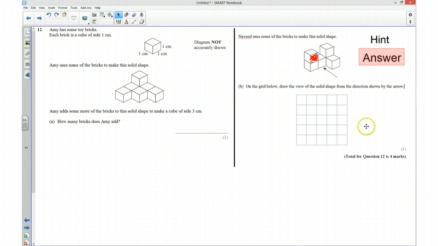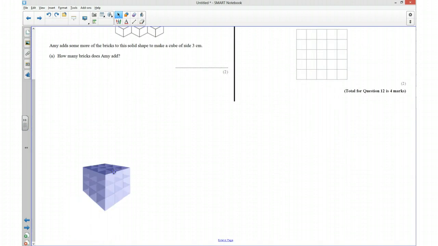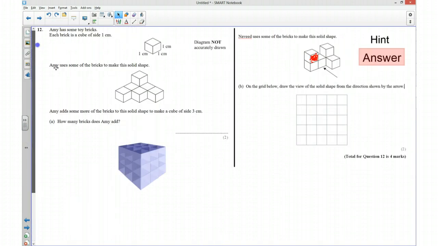Okay, I'm now going to go over the answer to the question. So, for the first part, I'm going to show you this cube over here.